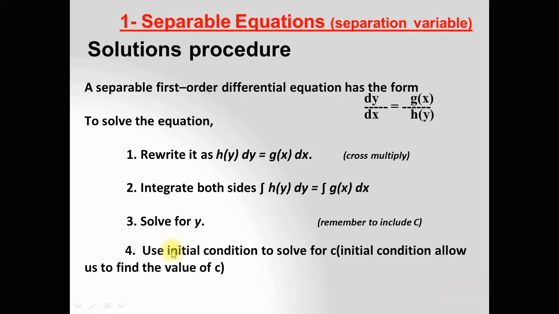And at the last, use the initial condition to solve for c. If the given differential equation is an initial value problem, then use that initial condition to find the value of c, which will appear in the solution.